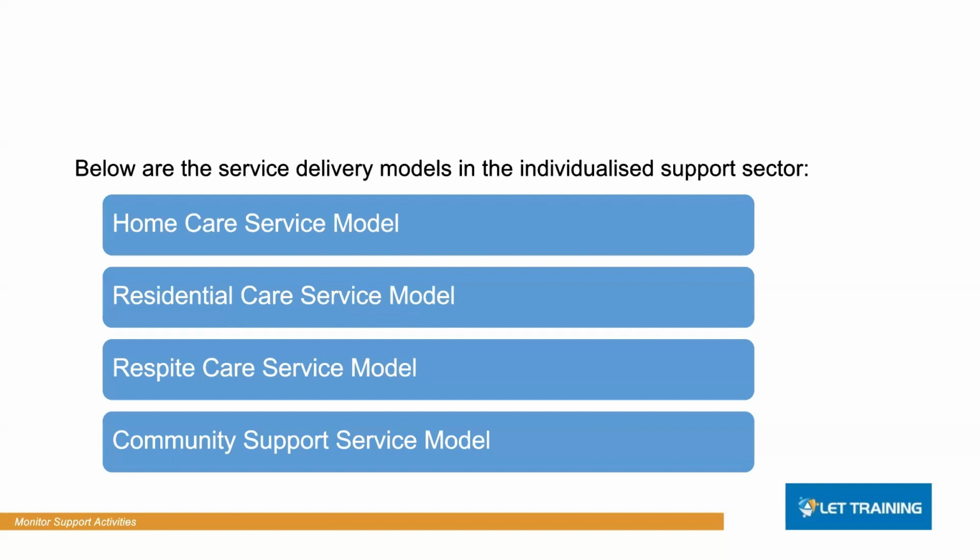Residential care: organisations using the model provide services to clients who are no longer able to live independently at home. The respite care model: organisations use this model to provide services to clients who need support for a set period of time. Community support service model: organisations using this model provide services to clients who wish to participate fully in their communities.